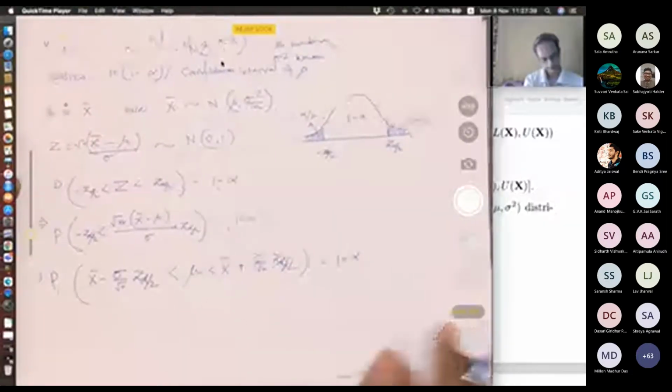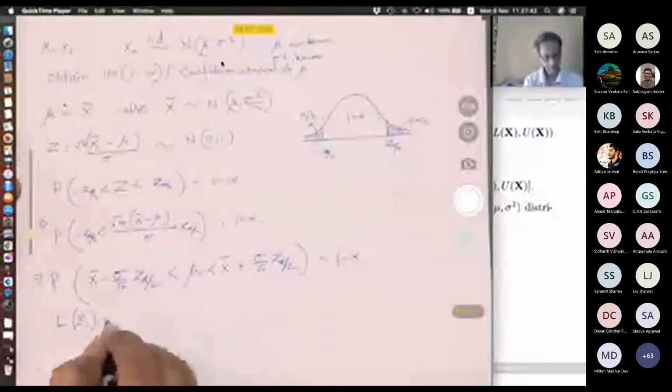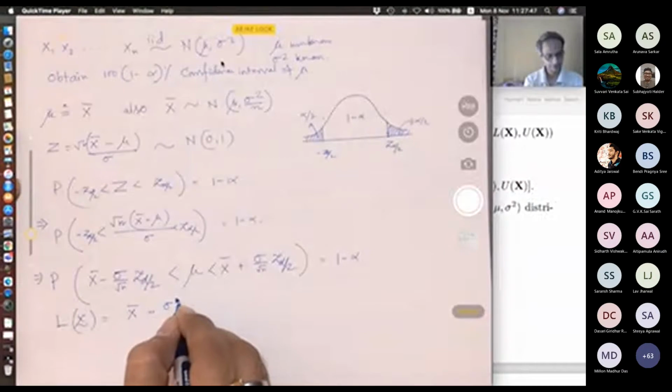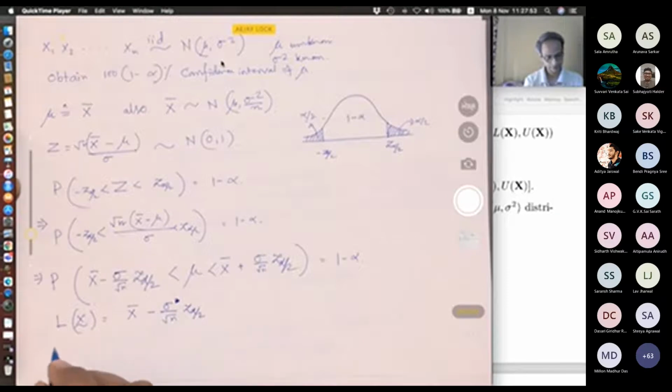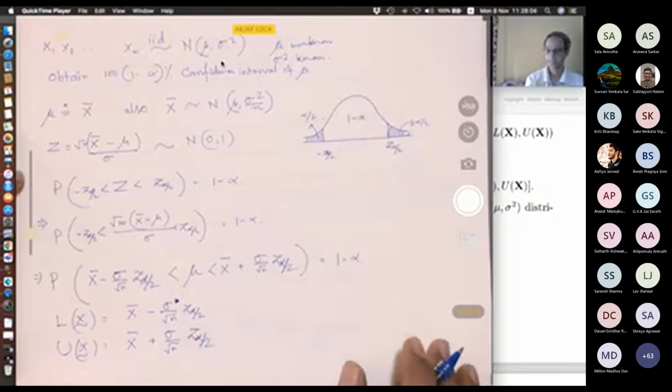Now you can see that Lx is a statistic. Sigma is known. Z alpha by 2, everything is known. Ux is also a statistic. Sigma is known. N is known. Z alpha by 2 is known.